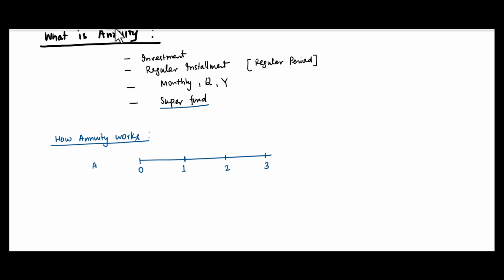So let's start. In the first period, this person A is depositing $100. Let's say I'll take $1. After the second period or second month, again $1, and then again $1.